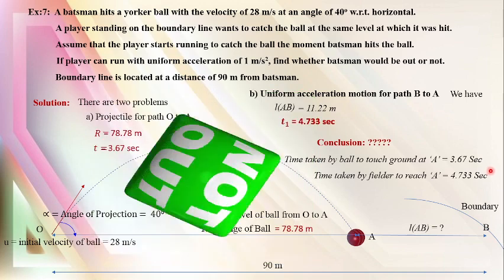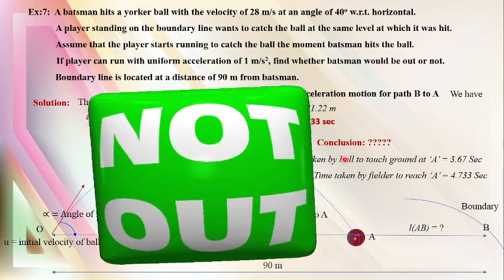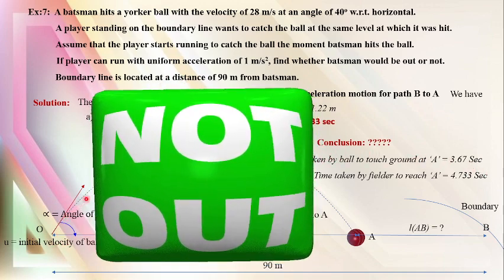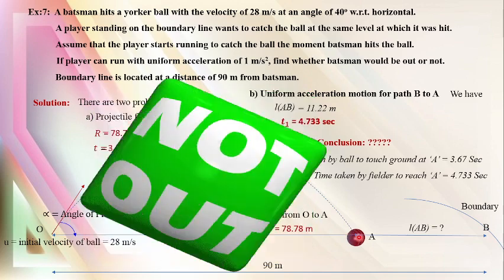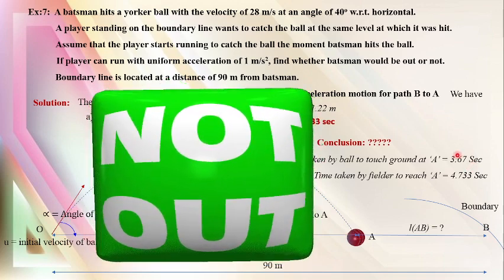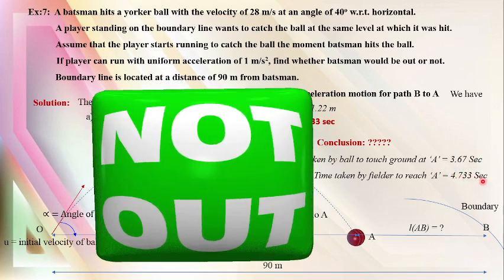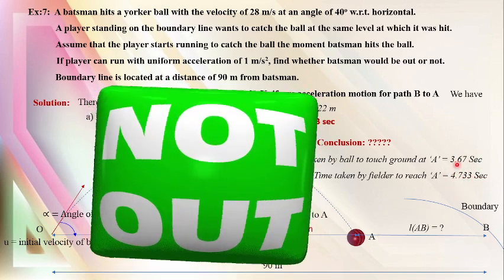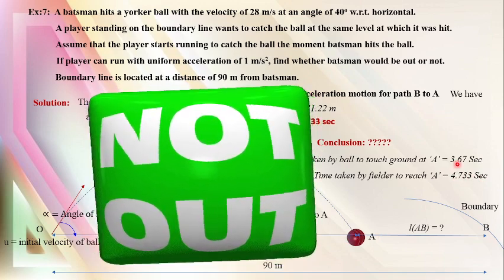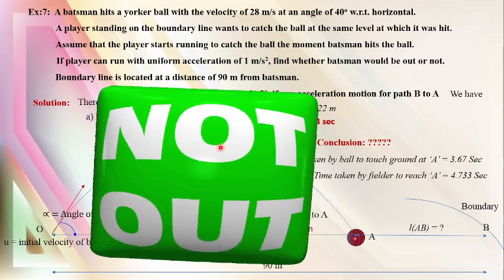As we have seen in this case, the time from O to A after the batsman hits the ball is 3.67, and the fielder takes 4.733 second to reach A. All this has been calculated by the computer and the result is given as not out.